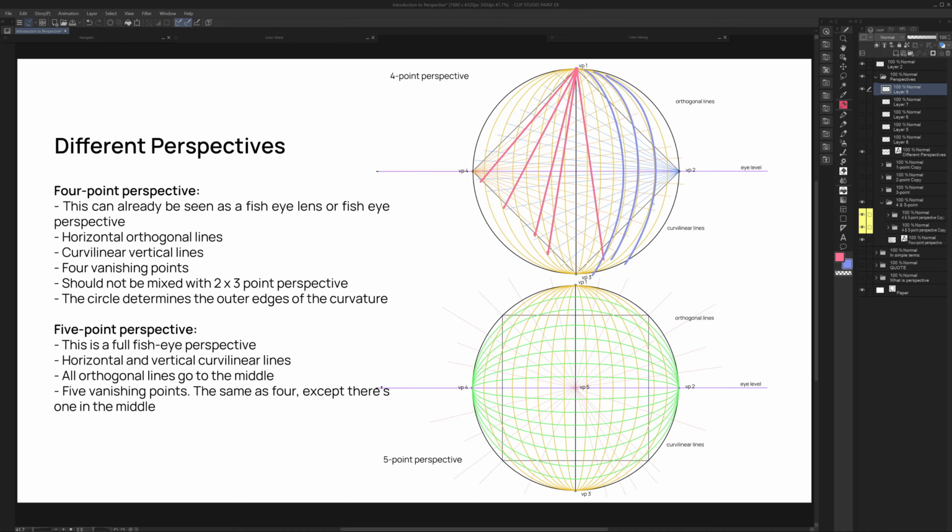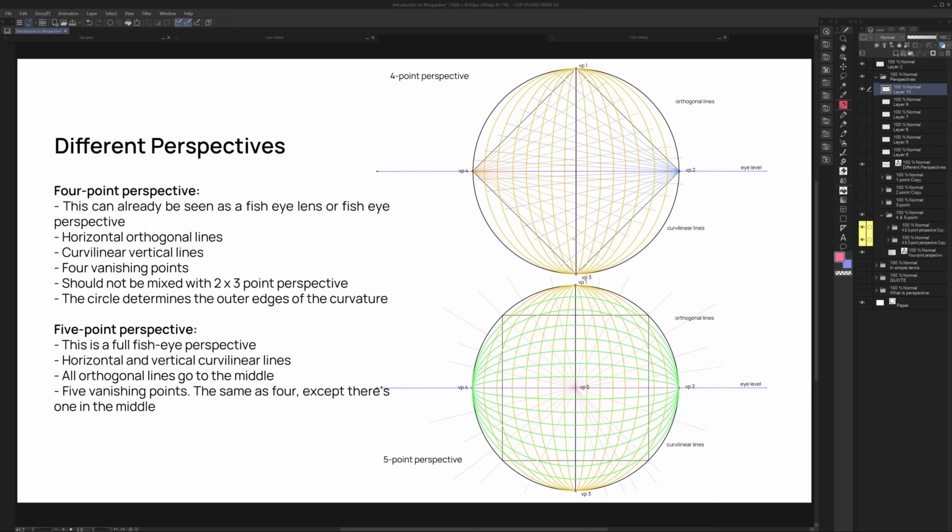If I would create these straight lines, then that would be two 3-point perspectives. The way it would work is that you have 1, 2, 3, but then we can also have 1, 2, and 3. So this grid here would be one 3-point perspective, and this grid here would be another 3-point perspective. That's something to note here.